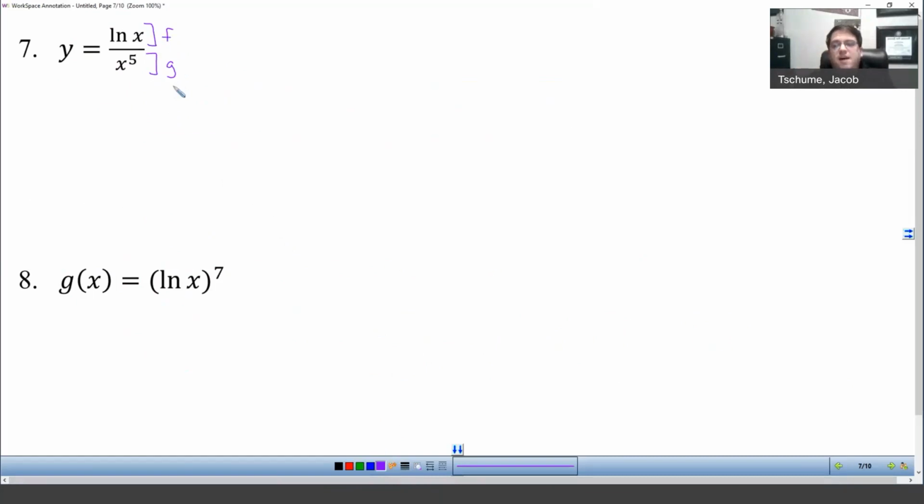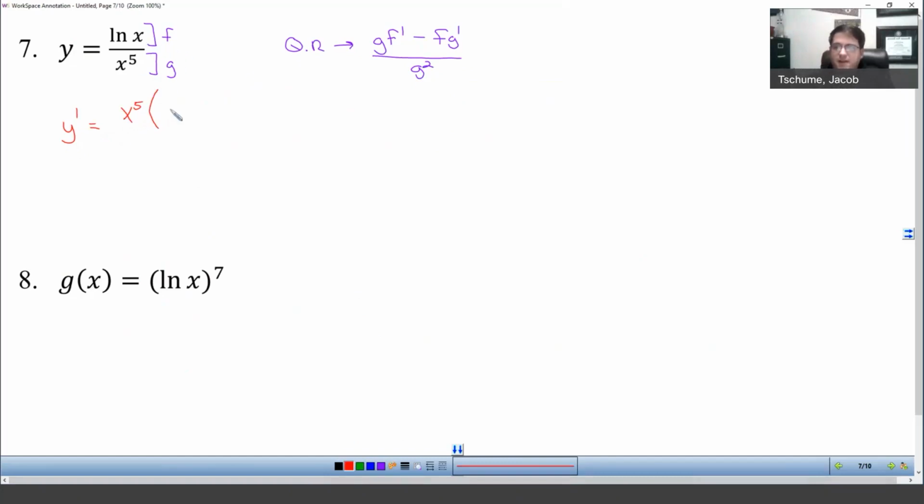So I'm going to let the top be my f function and the bottom be my g function. The quotient rule says we can take g times f prime minus f times g prime, all divided by g squared. So let's apply that here and see what happens. Y prime is going to equal my g function, which is x to the 5th, times the derivative of f.